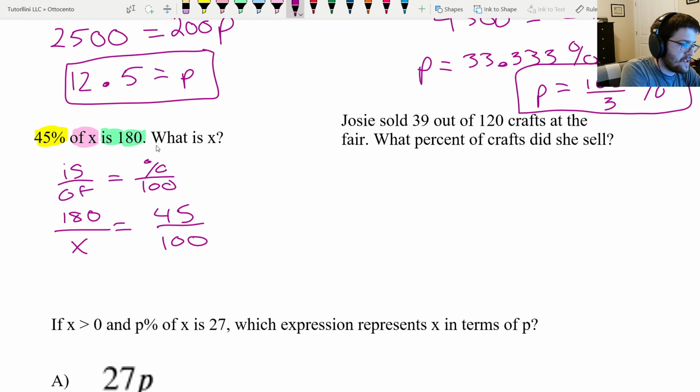So let's cross multiply. We get 180 times 100, 18,000, equals 45x. Divide both sides by 45, and we should get x equals 400.